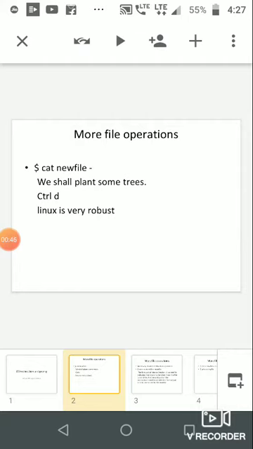Now let us discuss $cat newfile. You know that cat, like many file reading programs, can read the standard input and a file input during the execution of the command.